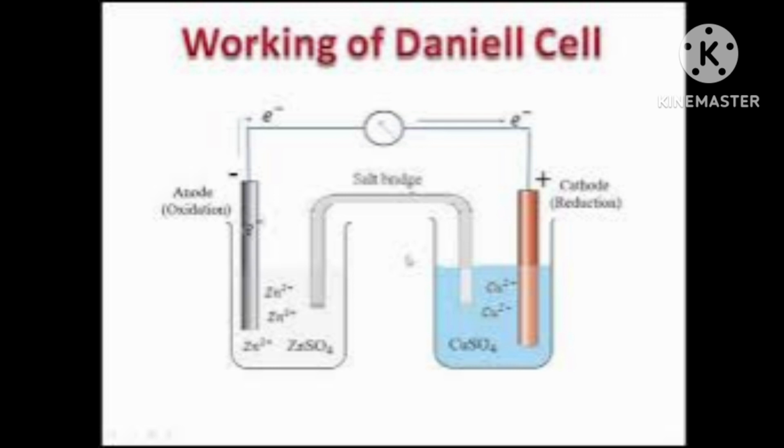And other metals have a tendency to gain electrons. That type of metal which has a tendency to gain electrons, that is reduction. Here they have a tendency to take electrons, so that will behave as a cathode.